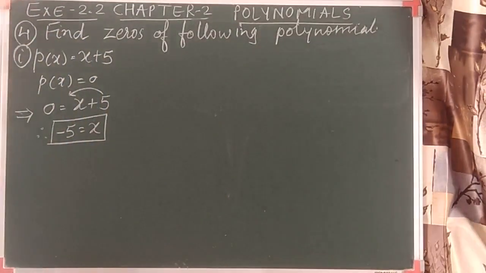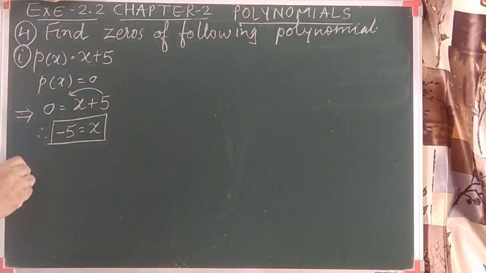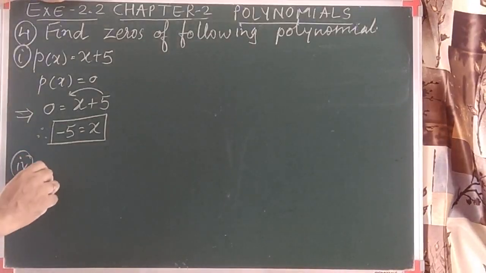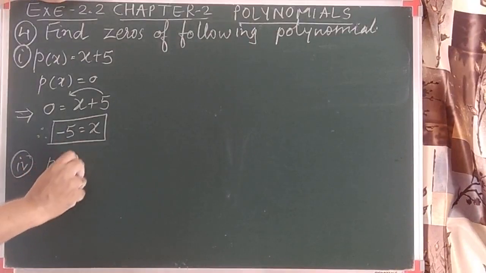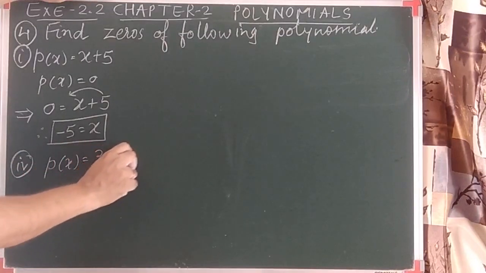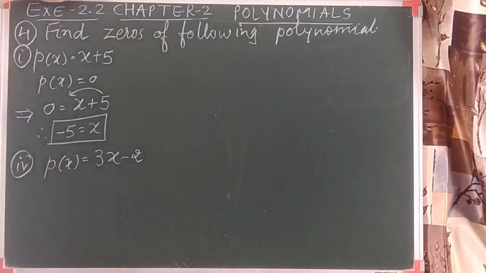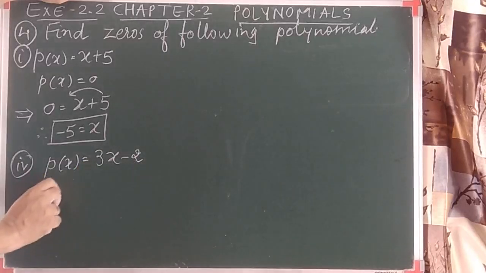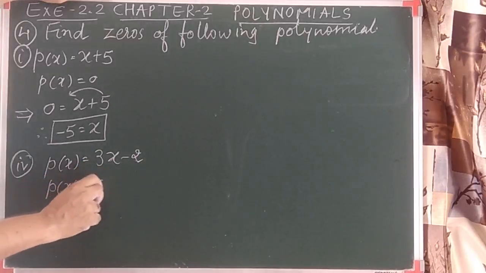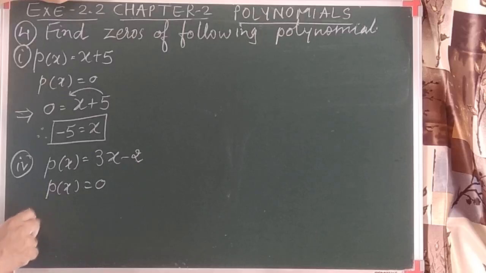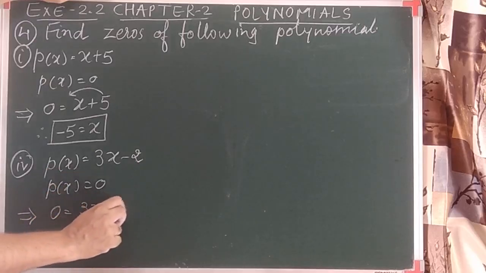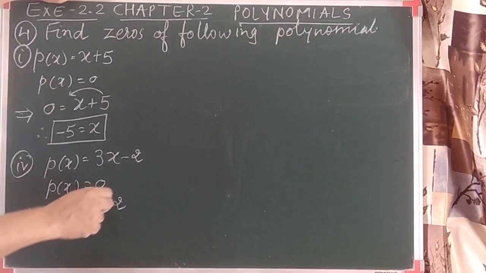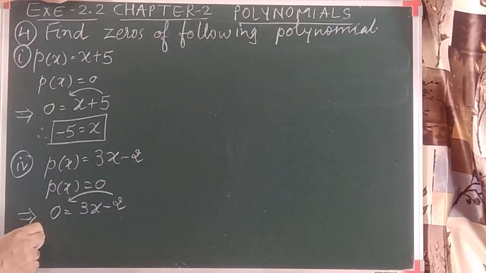एक और सम करते हैं. Let us see one more question to find out the zeros of this polynomial. Here it is given p of x is 3x minus 2. Again to find out the zeros of the polynomial, हम p of x को हमेशा 0 ले लेंगे. So now let us substitute this value as 0. So we can say 3x minus 2 is 0. To obtain the value of x, first we'll take minus 2 to the left hand side.